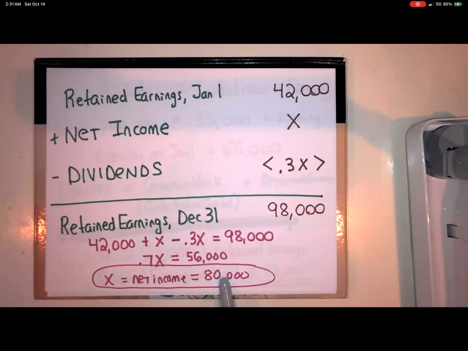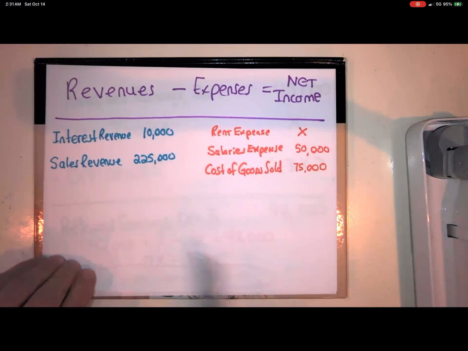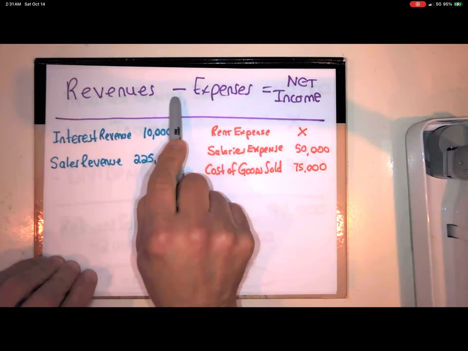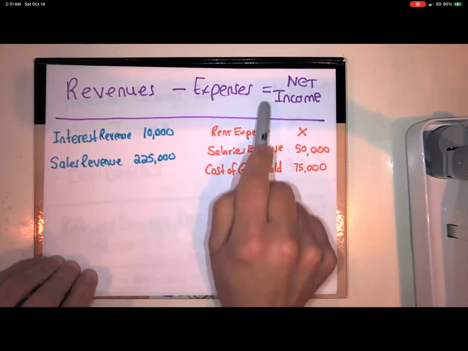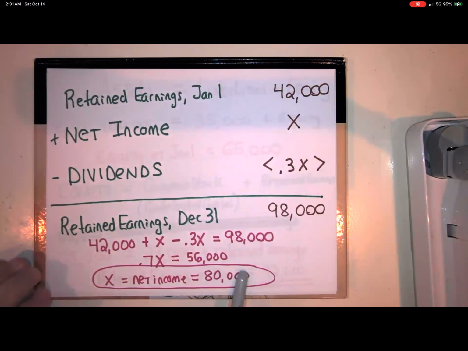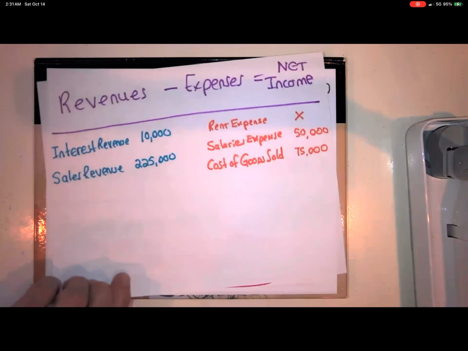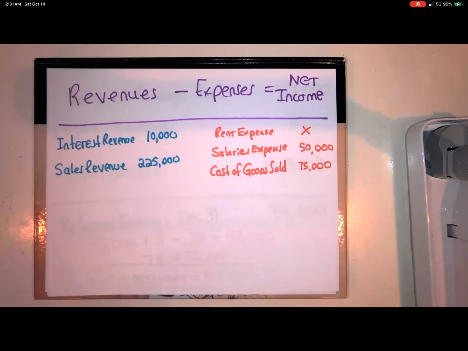We now know that, right? We've pretty much done all the work. Revenues minus expenses equals net income. And as Davis said, we now know that the net income was $80,000. Good job, Davis. Thank you. So let's press the buttons.